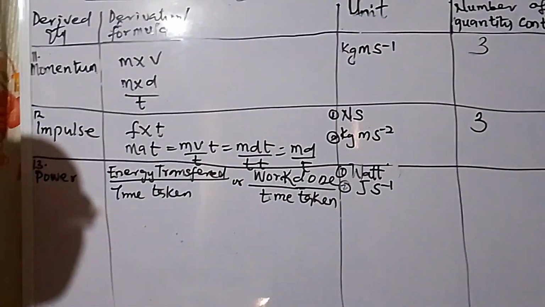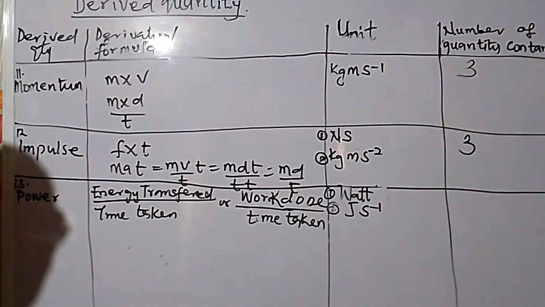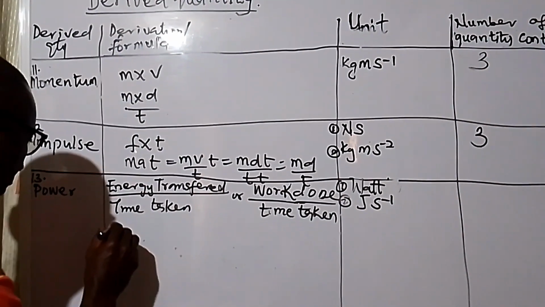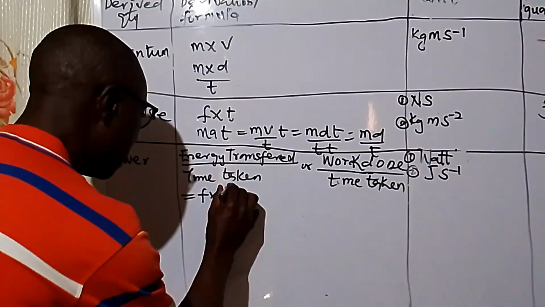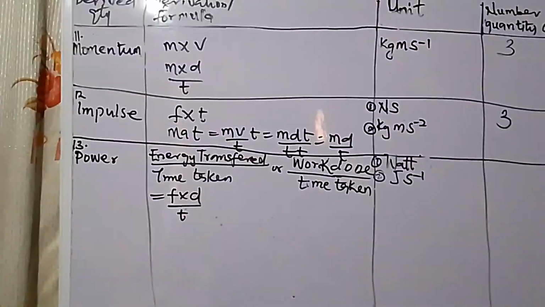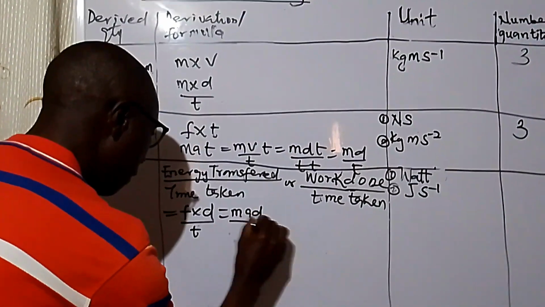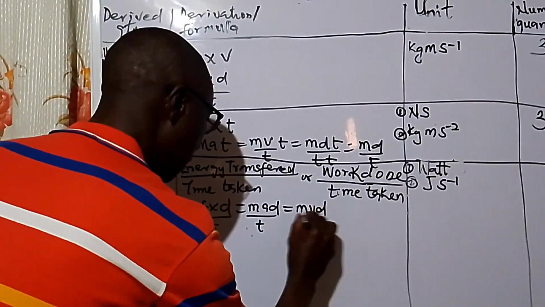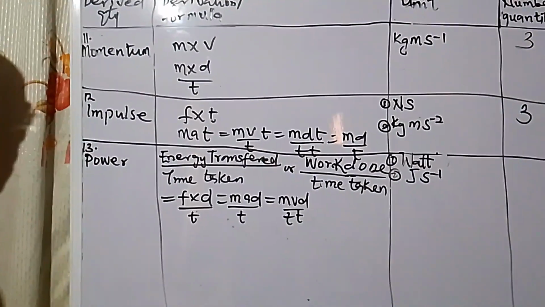Now let's express further and see, maybe we can have another unit and get the number of quantities for power. So work is force times distance, then over time taken. Then it will be equal to MAD over time taken. It will be equal to MVD over T T. V, velocity, is still derived.